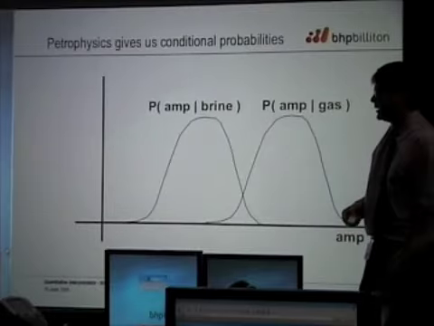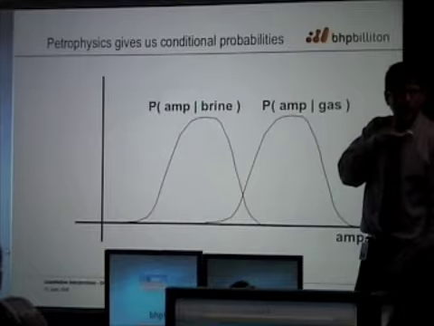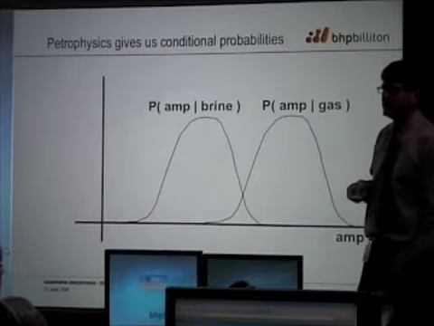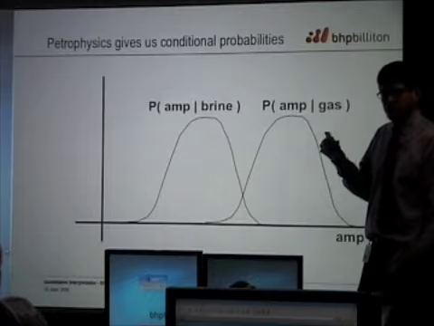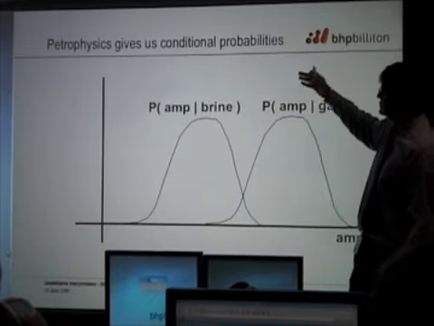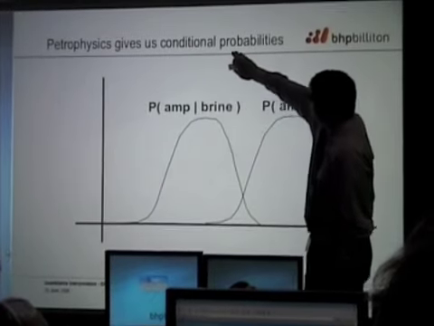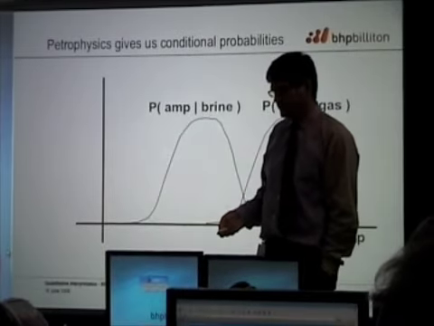All of the stuff that Dave went over, all these different formulas, and when you went into that rock physics spreadsheet, the result of it was to get these important conditional probabilities.